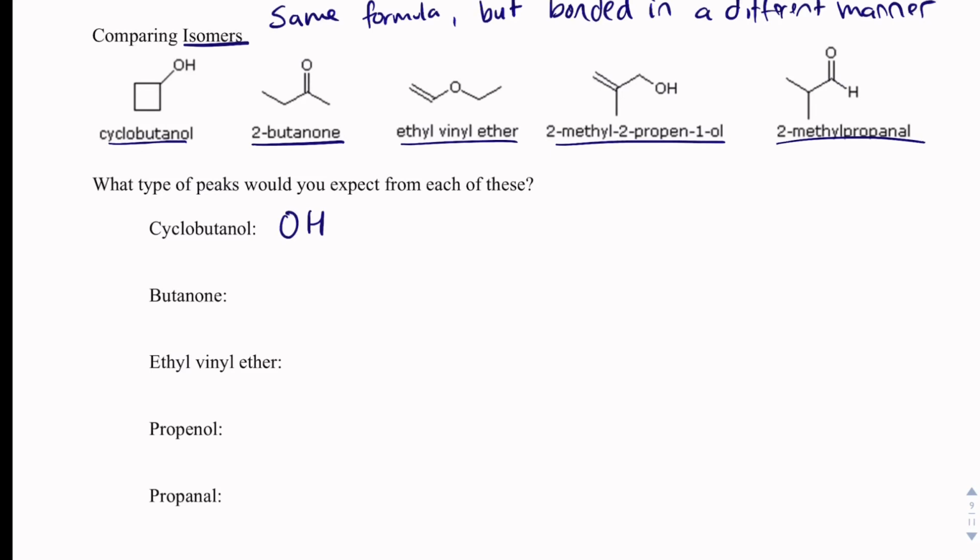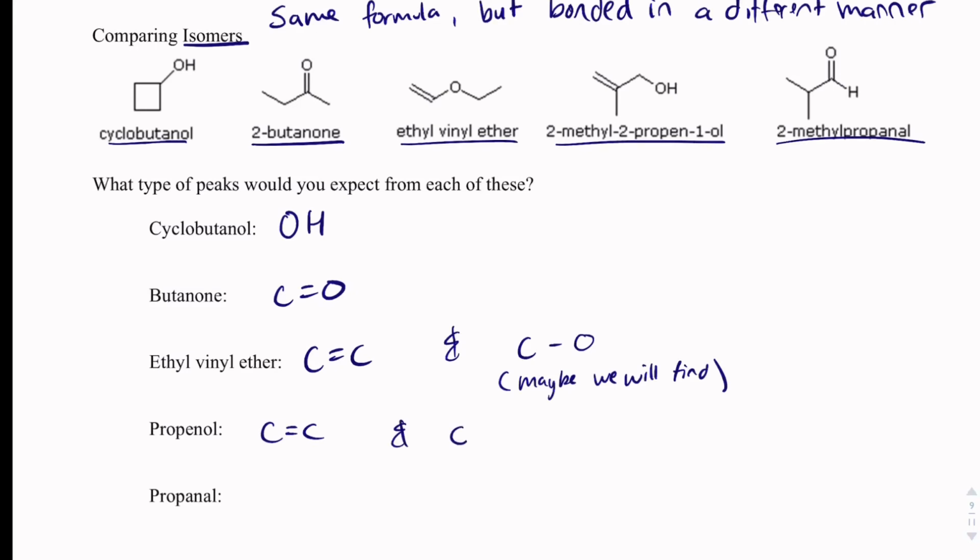Cyclobutanol has an alcohol group. Butanone has a C=O. Ethyl vinyl ether has a C=C, and maybe we can find that single bond in the fingerprint region, so we'll see. And then the next one has C=C and OH.